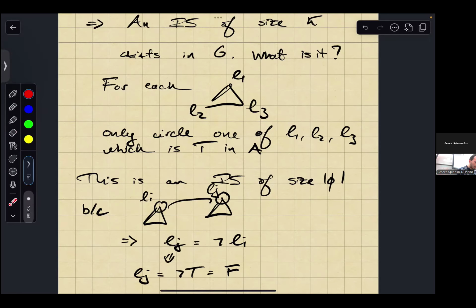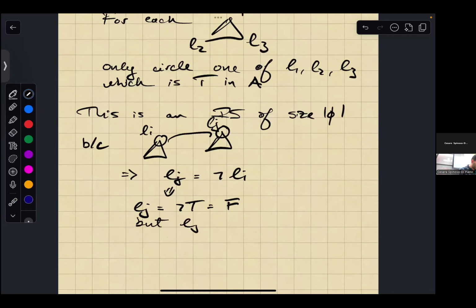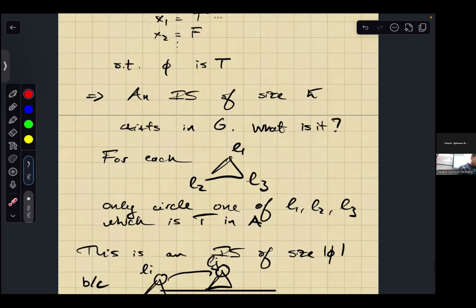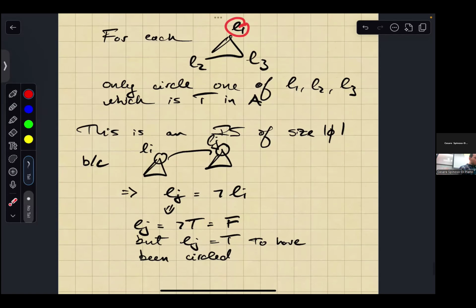I know that Li has to be true, but Lj must be true to have been circled, because I only circled if L1 actually evaluated to true in the assignment. So that means that I can't possibly have that this literal is false by construction.